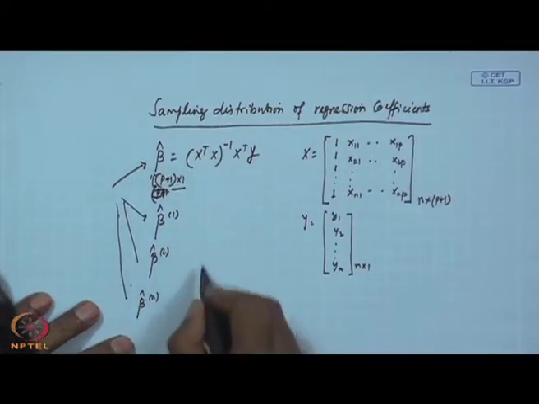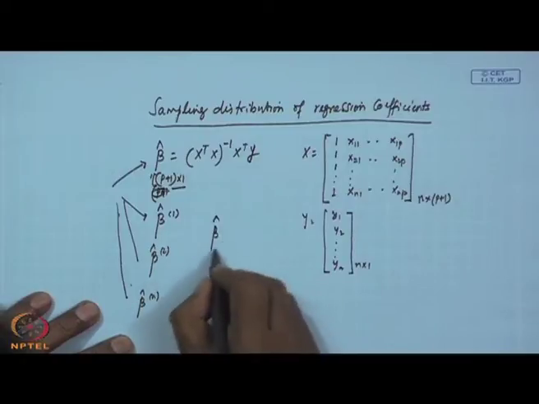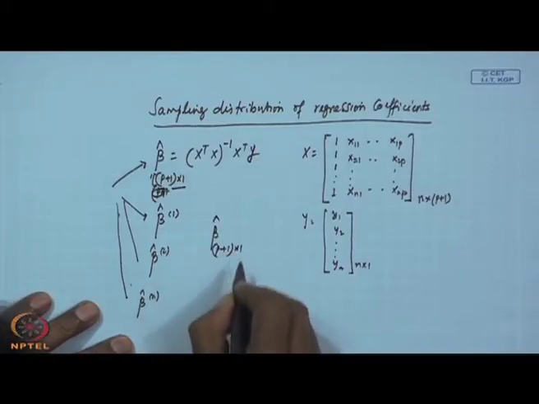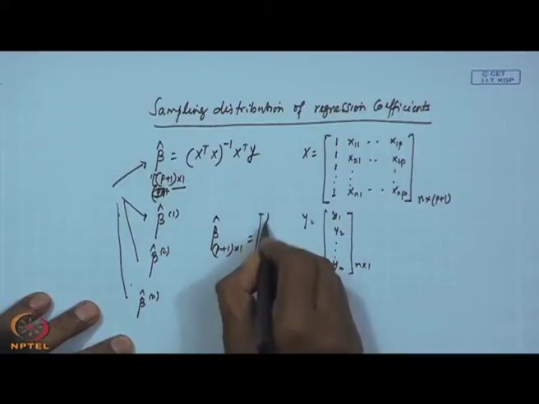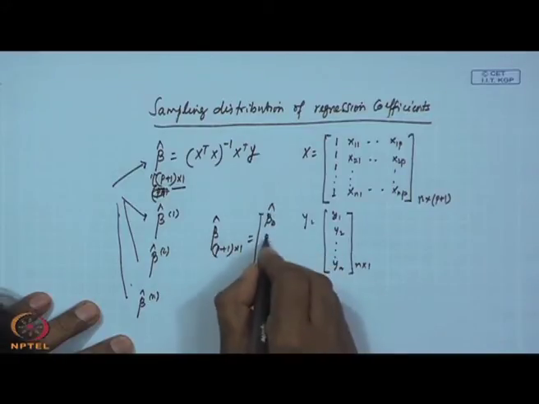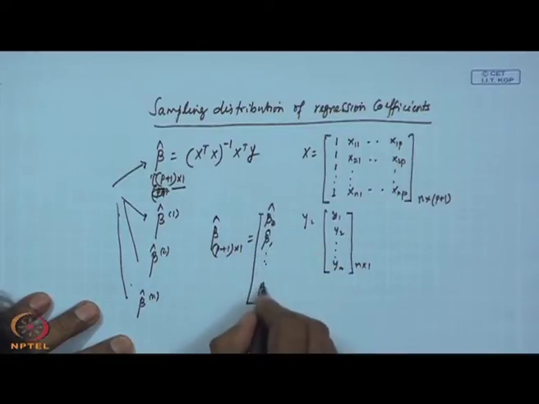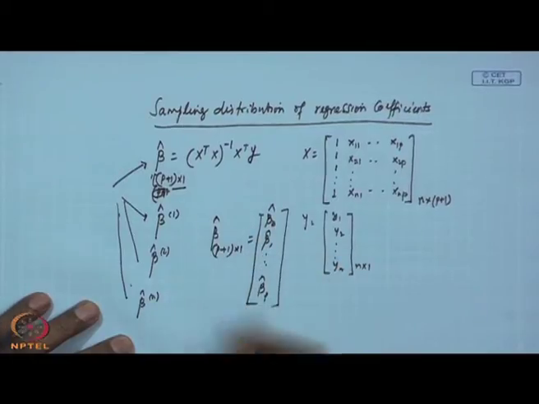Please keep in mind that beta cap is a p plus 1 cross 1 vector, that is beta 0 cap, beta 1 cap, like this, beta p cap.